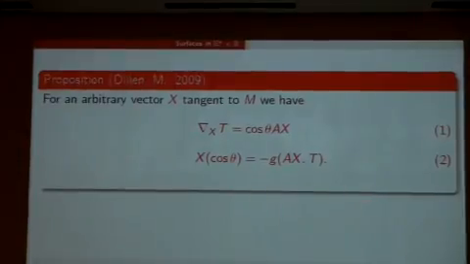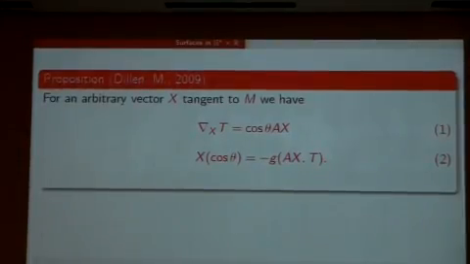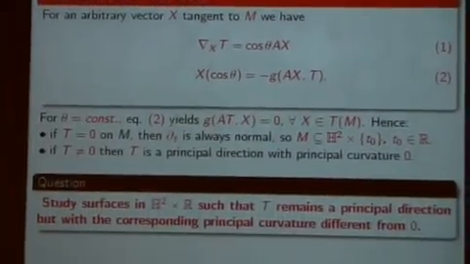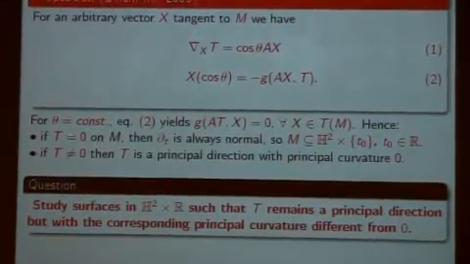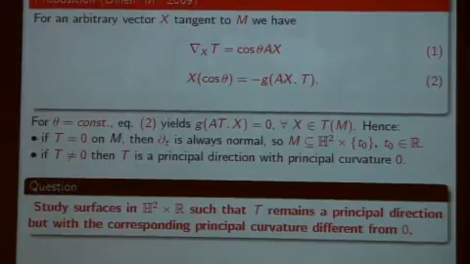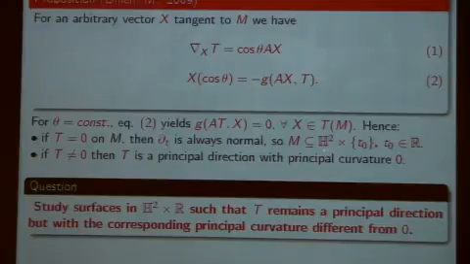And from 2, if theta is a constant angle, then we have either T is 0, which is not so interesting, but in fact it's H2, and if theta is different from 0, we obtain from here that T is the principal direction with the principal curvature 0.